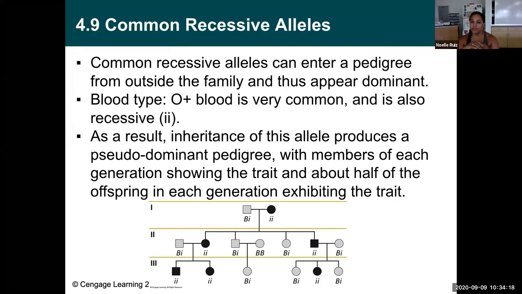And then common recessive alleles can enter a pedigree from outside the family and thus appear dominant. Blood type is one of those. O positive blood is very common. It is also recessive. Many people have type O blood. As a result, the inheritance of this allele produces a pseudo-dominant pedigree, with members of each generation showing the trait and about half of the offspring in the next generation.